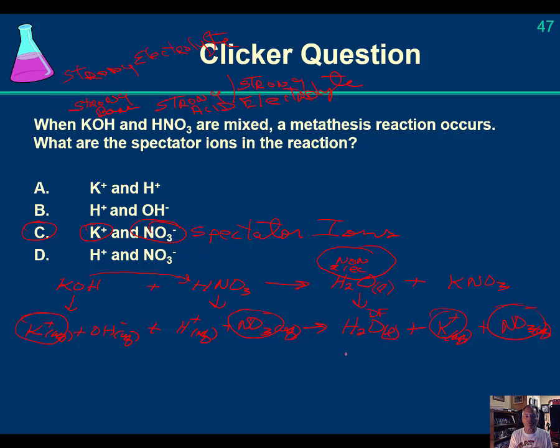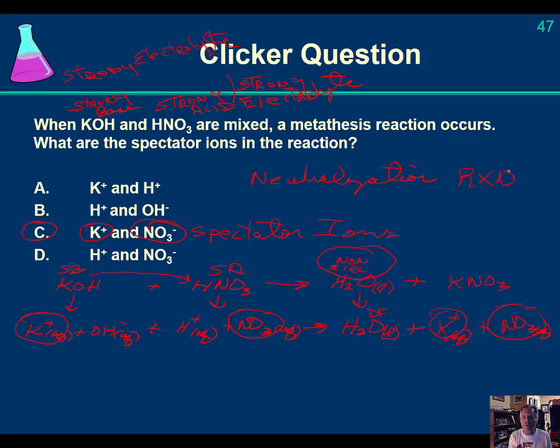However, let's go a little further because I want to show you something. All right? What's left is the net ionic equation for this strong base, strong acid reaction. This is called a neutralization reaction.